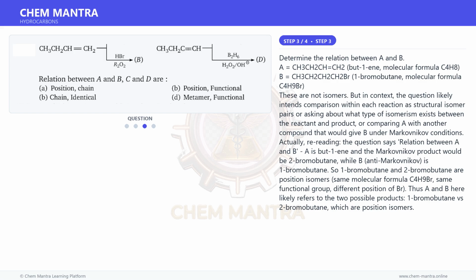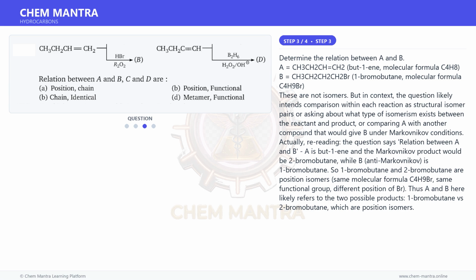Determine the relation between A and B. A is CH3CH2CH=CH2, but-1-ene, molecular formula C4H8. B is CH3CH2CH2CH2Br, 1-bromobutane, molecular formula C4H9Br.